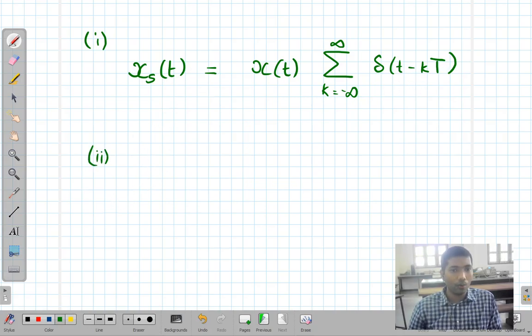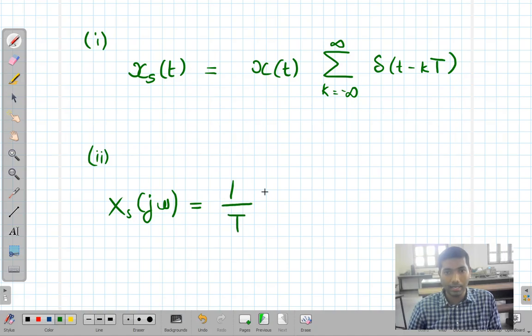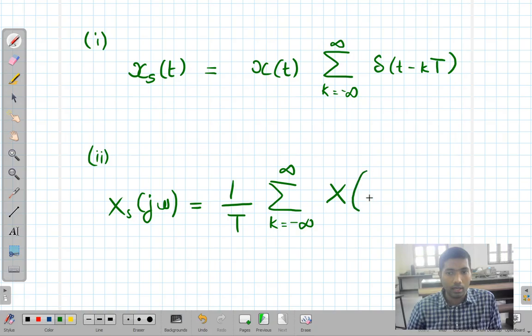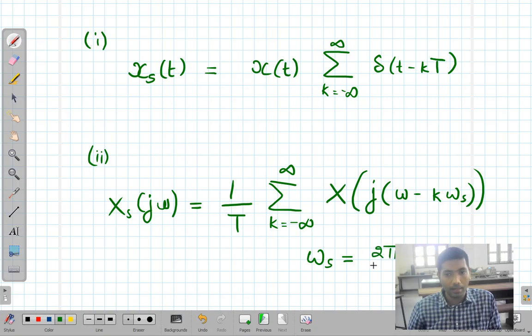Second thing is the Fourier transform of the sampled signal x s of j omega is nothing but 1 by capital T summation k is equal to minus infinity to infinity x of j omega minus k omega s, where this omega s is the sampling frequency, which is equal to 2 pi by capital T, or equal to 2 pi f s.